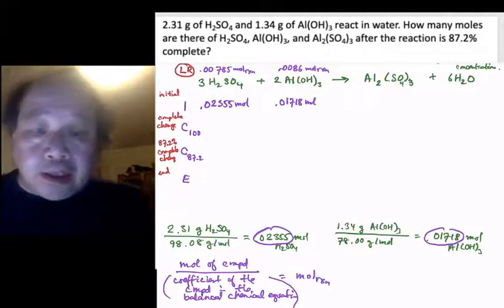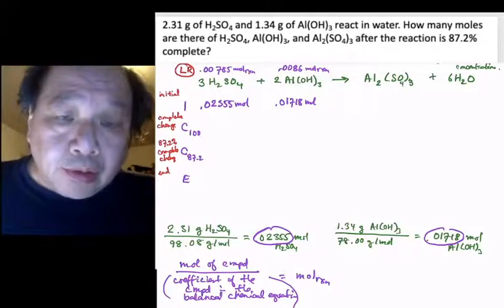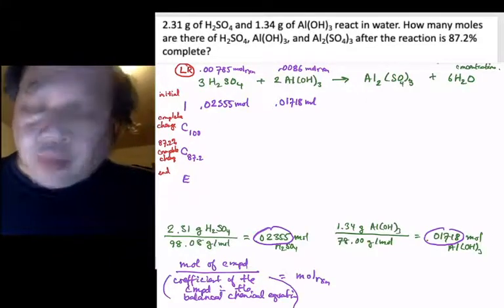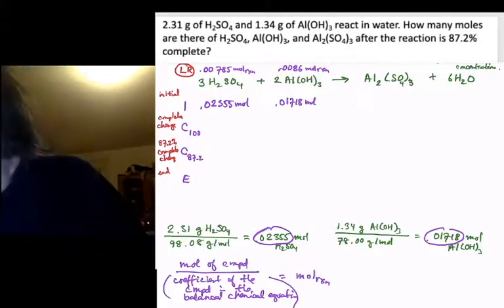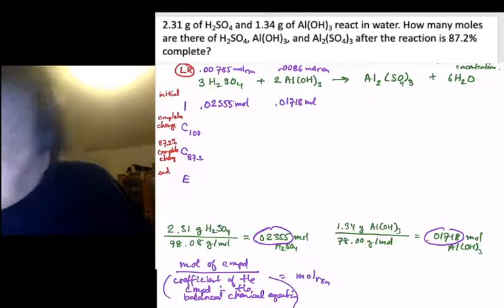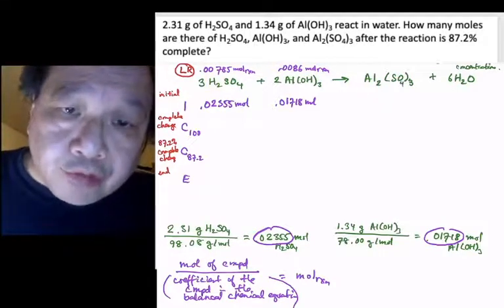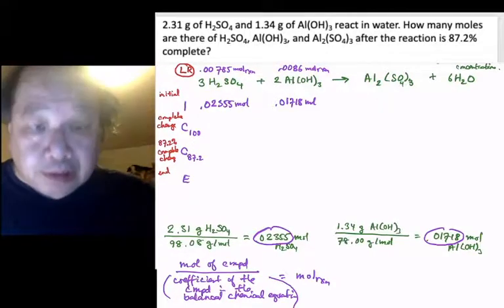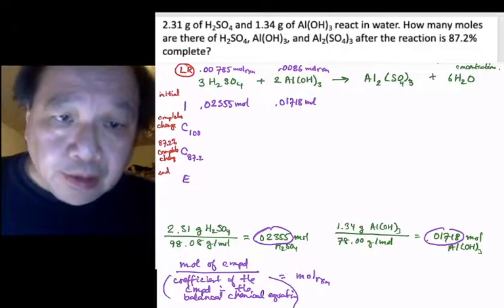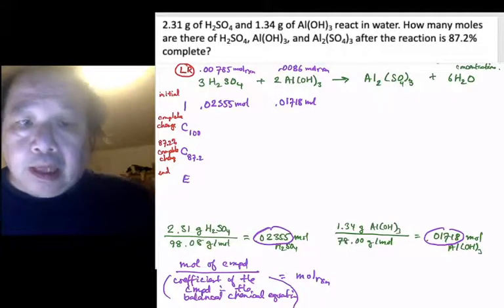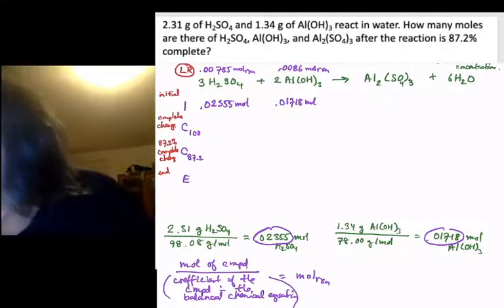And that means the limiting reactant controls the show because in the complete reaction, the limiting reactant is the one that gets completely used up. So at a C100, put in chat how many moles of H2SO4 will get used up because it's the limiting reactant. It gets all used up. That's because it's the limiting reactant.